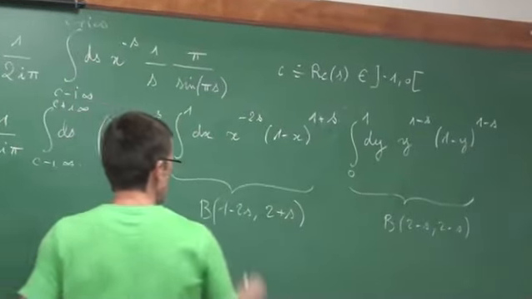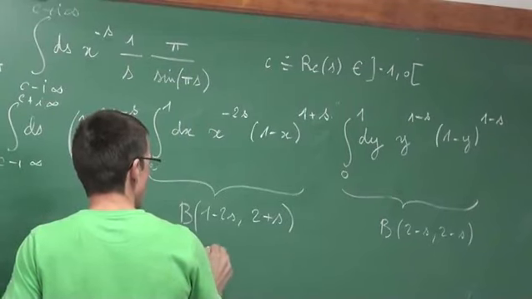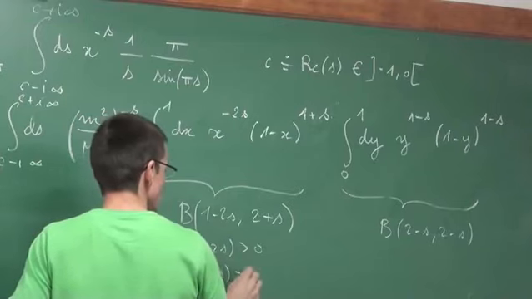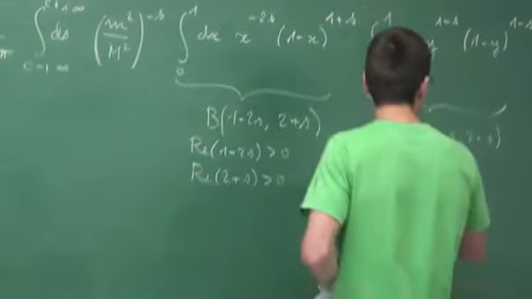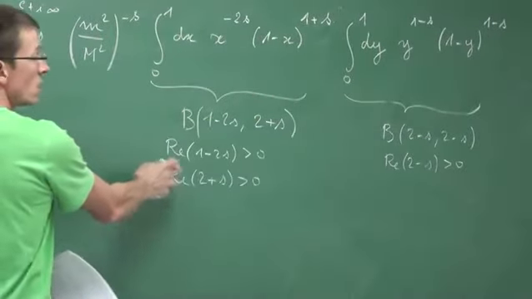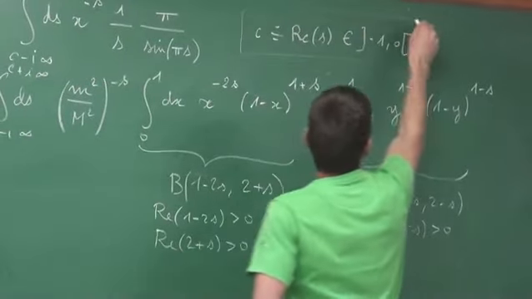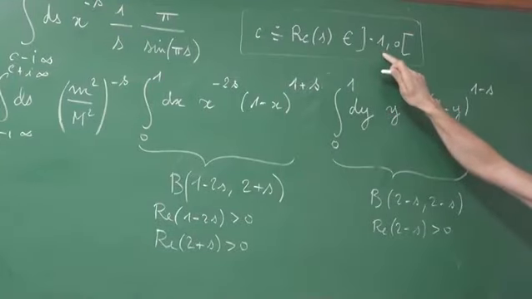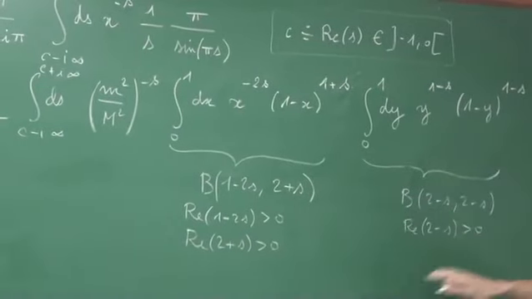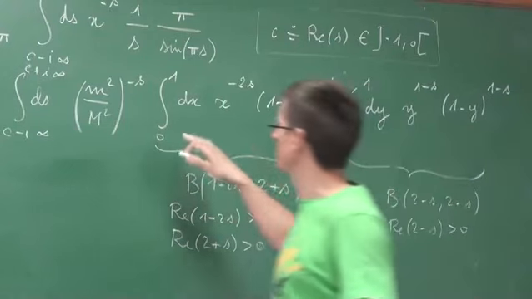This is true for real part of 1 minus 2s positive, as well as real part of 2 plus s positive, and real part of 2 minus s positive. So these conditions are fulfilled here because the real part of s is included in minus 1, 0. And it is compatible with this, and this. So no problem to perform the sub-integration.